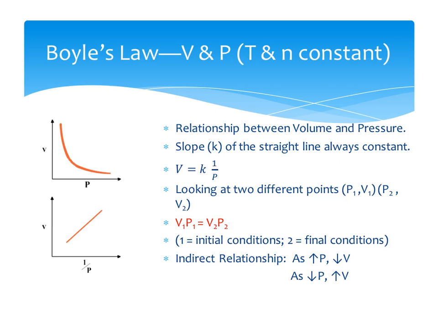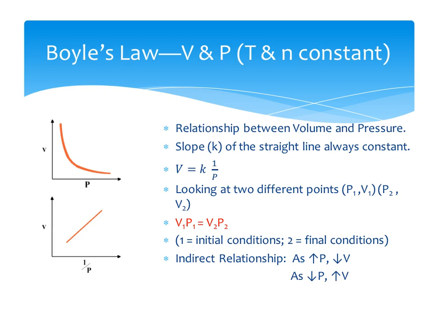Now, if we look at two different points, P1V1 and P2V2, if I solve this formula for k, k is going to equal volume times pressure. So I would have P1V1 equal to k, and I would also have V2P2 equal to k.